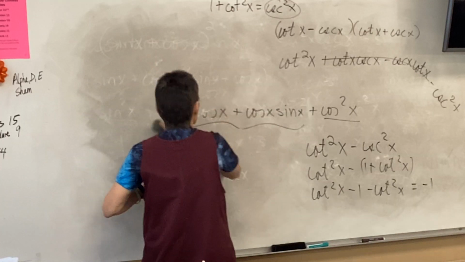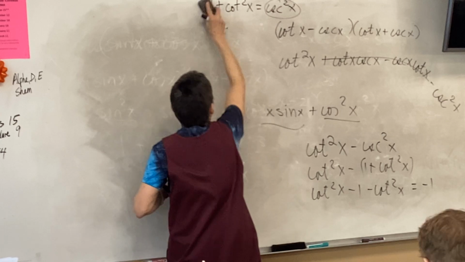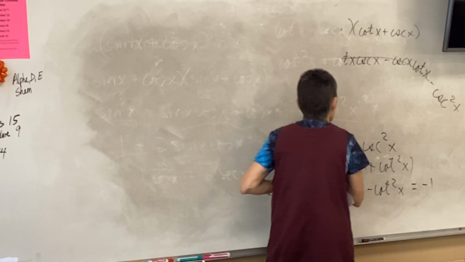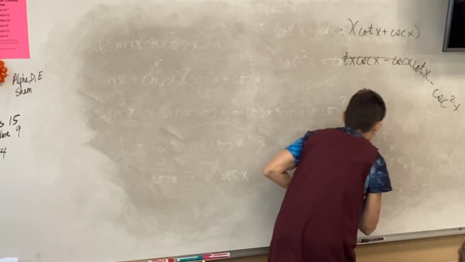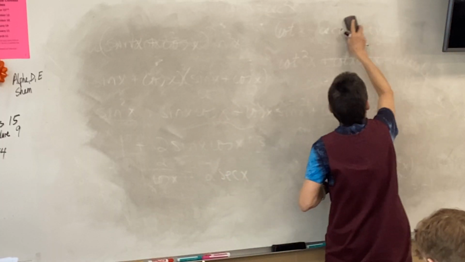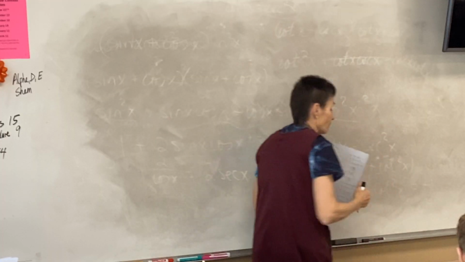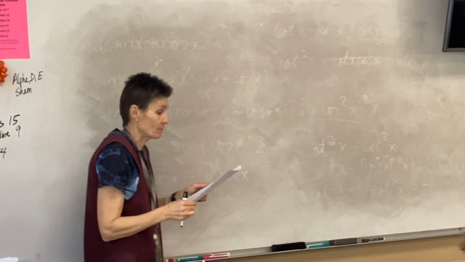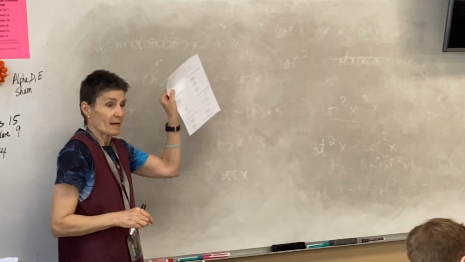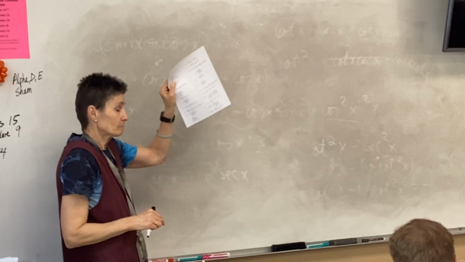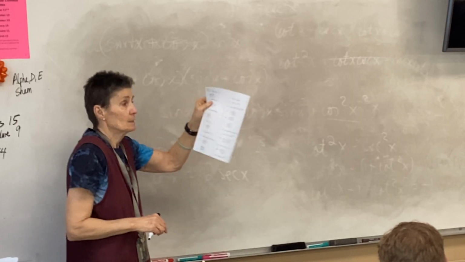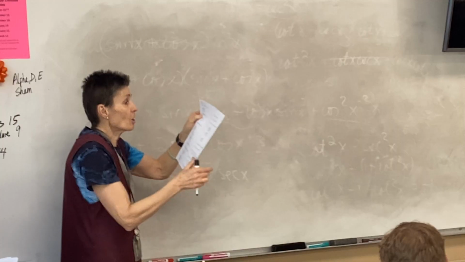So go ahead and get out a sheet of notebook paper. We're going to do these in a little bit different order than how they are in the packet. I'm going to skip around a little bit. We're going to start with number 2.